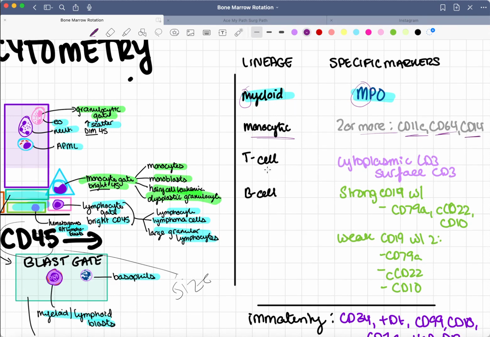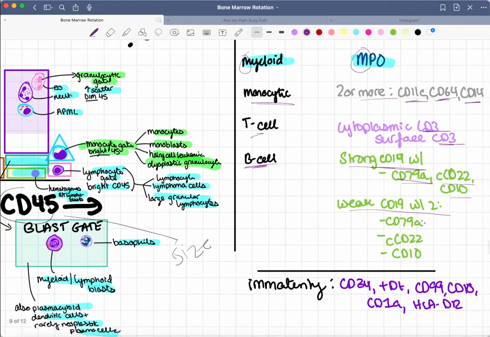Next we have our T cells. So these are going to be the lower number markers. So cytoplasmic CD3 and surface CD3 are specific markers for T cells. B cells, this is where it starts to get a little bit more confusing, but you can have a strong CD19 with CD79A, cytoplasmic CD22, and CD10, or you can have a weak CD19 with 2 of the following, again CD79A, cytoplasmic CD22, or CD10.